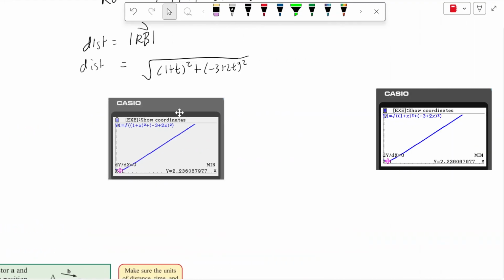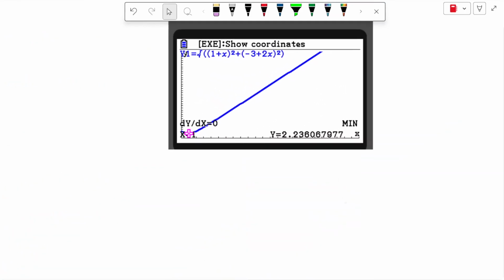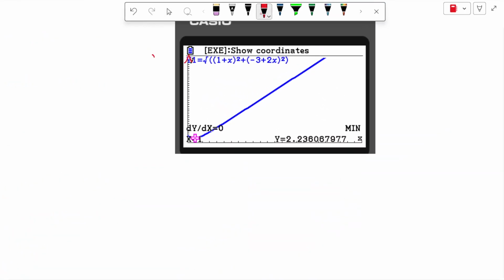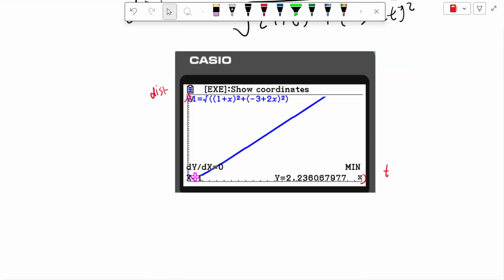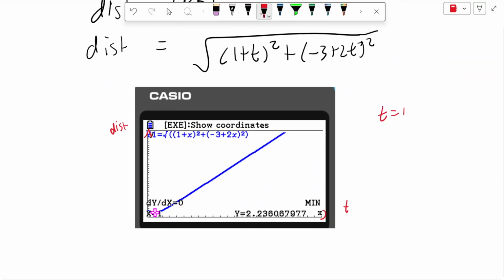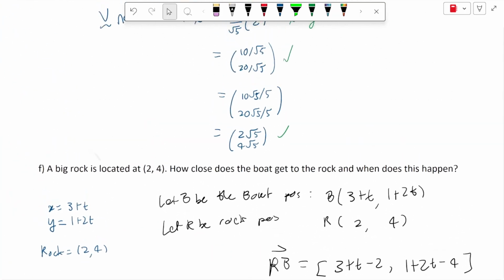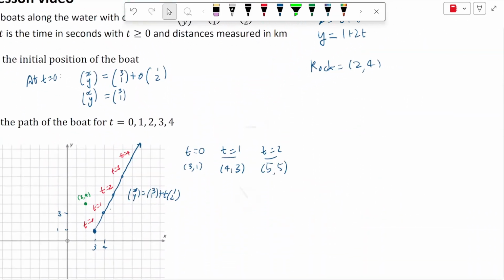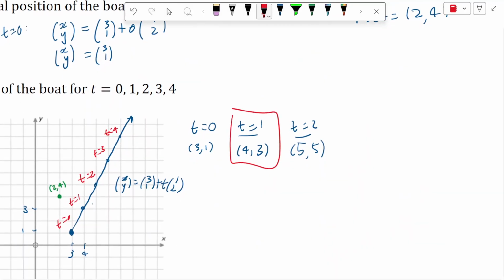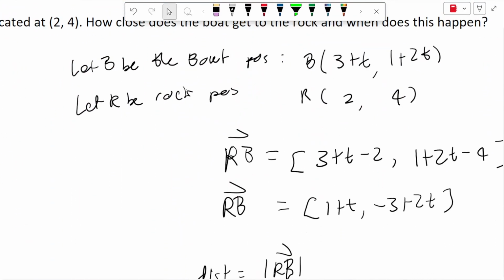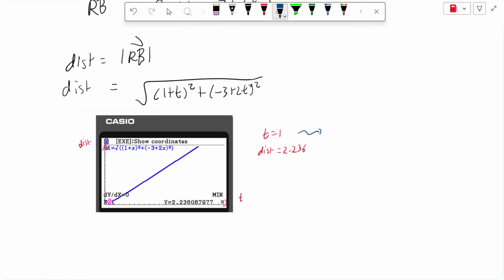Now, how do we interpret both these numbers? The y-axis here is actually the distance, and this, I guess it's t for time, but it's the t value along the line. So t is 1. The distance is 2.236. Now, where is the boat at this time? We haven't actually answered that question. If t is 1, we actually figured out where the boat was at t equals 1 before by subbing it in, but the boat is at 4, 3.